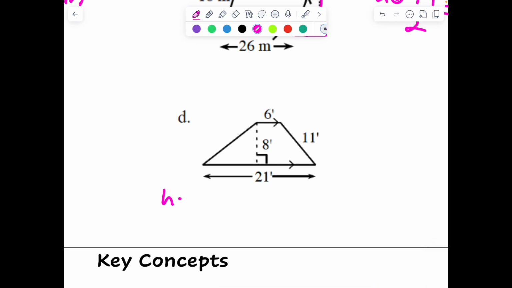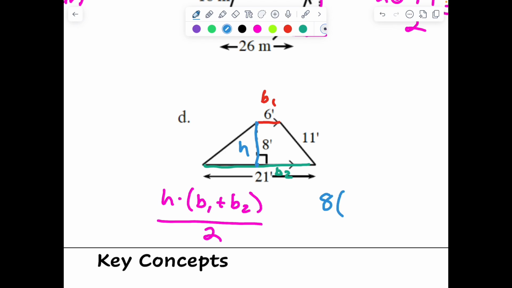And then finally, a trapezoid. Reminder, this is going to be the height times base 1 plus base 2 divided by 2. It does not matter which one you make base 1 or base 2, but let's just say this is base 1, this is base 2, this h is our height. We're not doing anything with the 11 because it's not a base or a height.